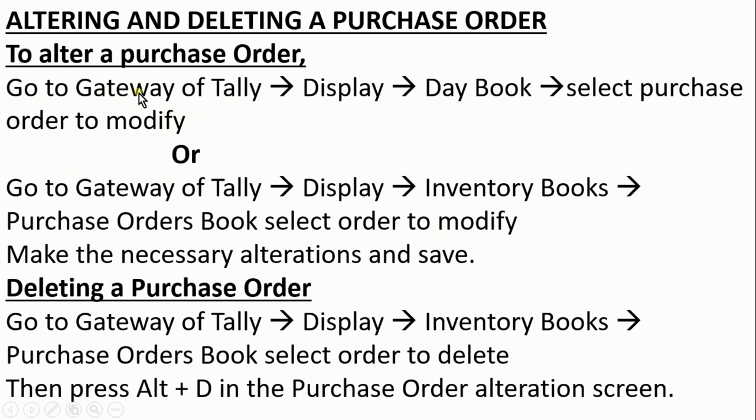To alter a sales order, the same concept. Deleting a purchase order, same way, go to gateway of Tally, display inventory books, and in the second step select the purchase order book and then select the order to delete by pressing Alt plus D. Okay, Alt plus D is to delete the vouchers.